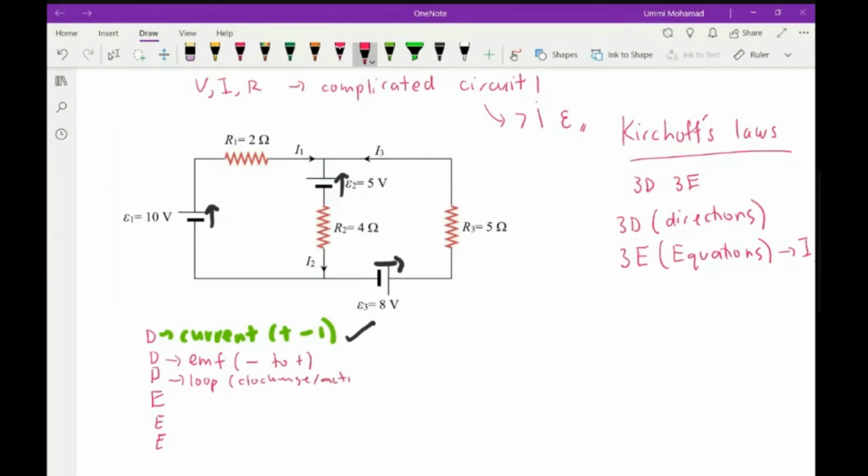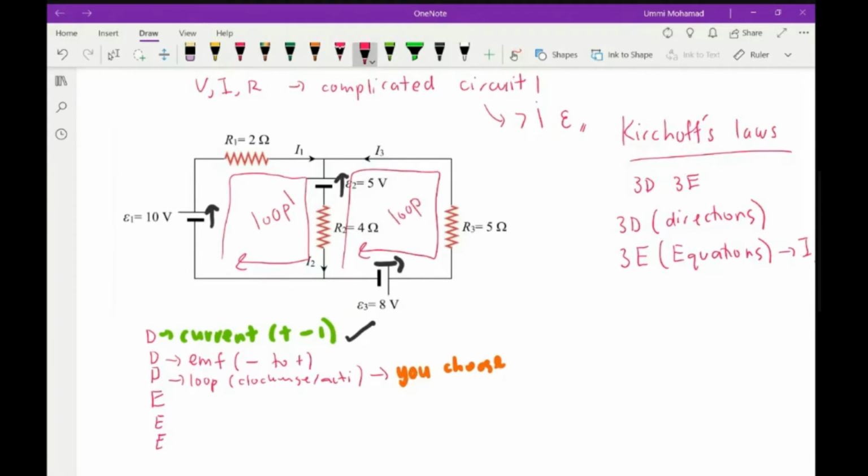How to determine? It's actually up to you. You are the one that needs to choose. So for this case, for my left circuit, I choose clockwise, and label it loop 1. And for loop 2, I also use clockwise direction.